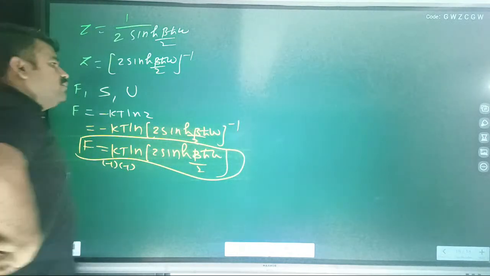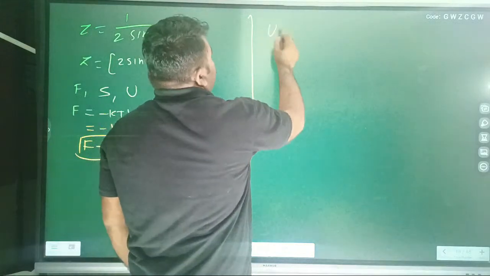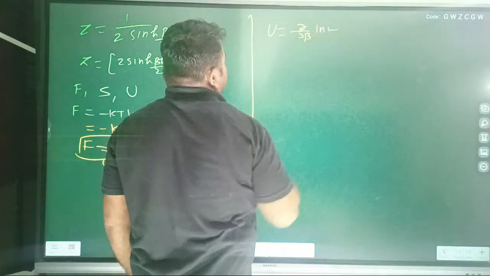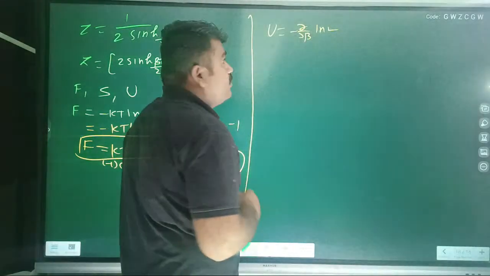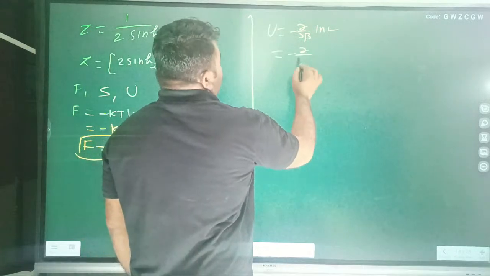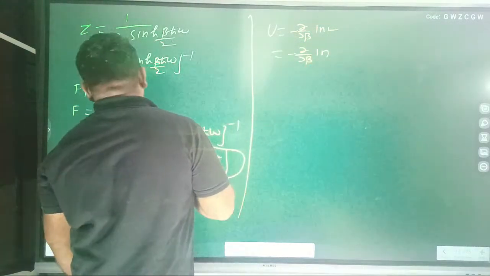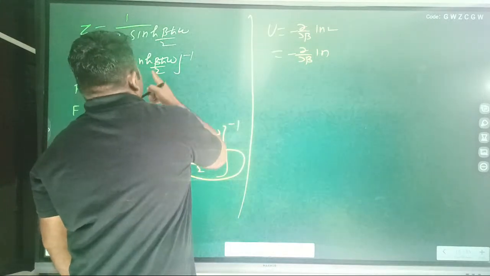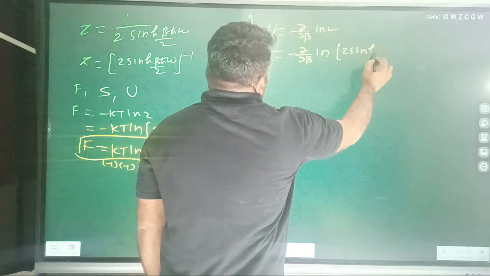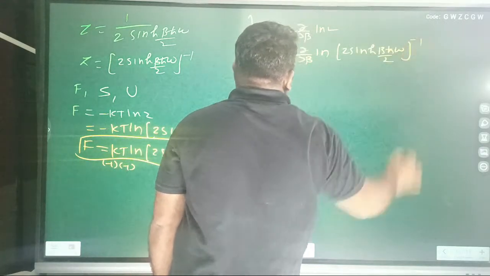For the internal energy, U is equal to minus del upon del beta of ln Z. Minus del upon del beta ln Z is equal to 2 times sin hyperbolic (beta h cross omega upon 2) bracket to the power minus 1.